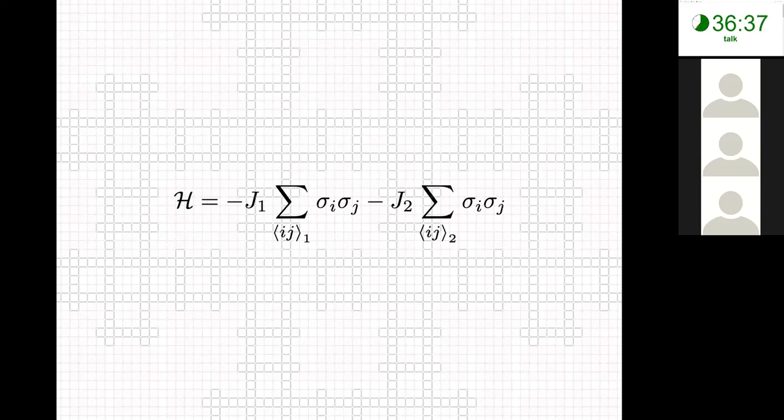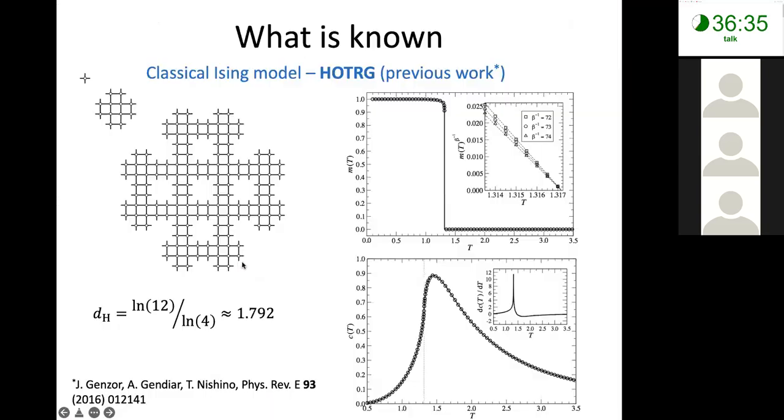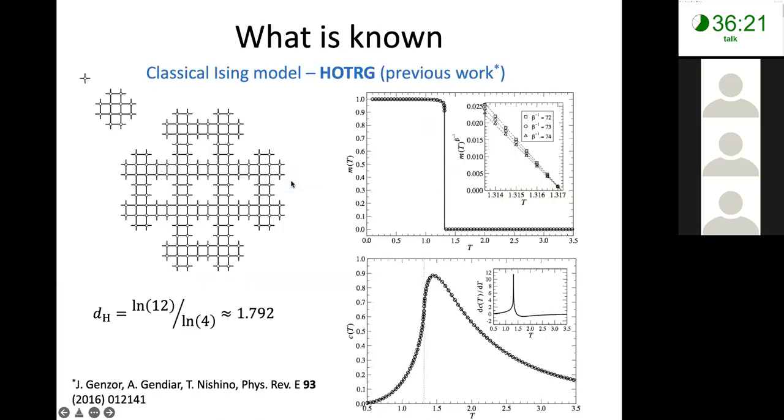Okay, so what is already known? This was our previous research using HOTRG on this Nishino fractal. What we found was, first of all, that HOTRG works reliably on this fractal, and we are able to obtain the order parameter.